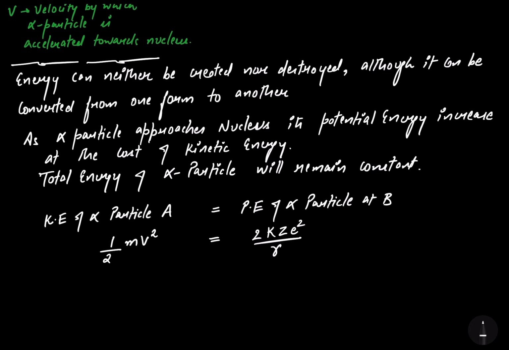So I have to evaluate that. My small r, the effective radius of nucleus, comes out to be 4KZe square divided by mv square.